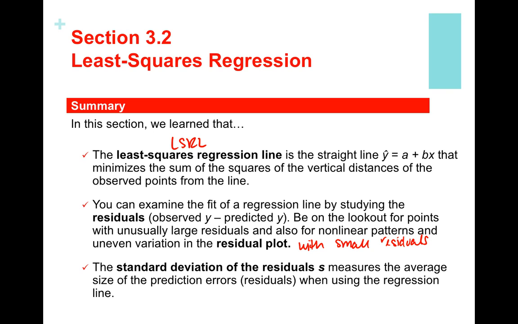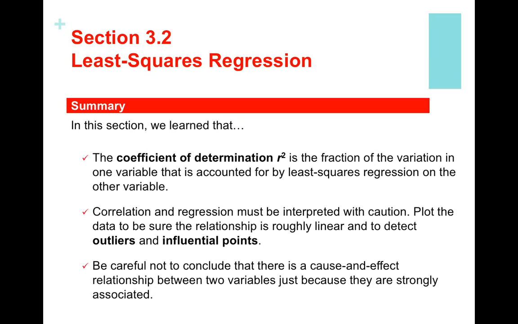You should be able to find S from computer output and know that S looks at the average or typical variability between y and y hat. So the smaller the S value is, the better, because we're saying that those points are very close to the line. You should know that R squared is the coefficient of determination.